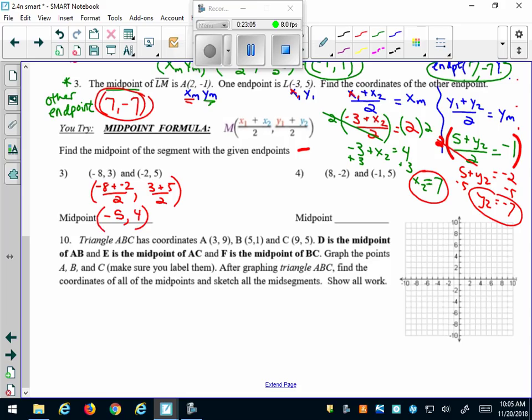Make sure you put your answer in parentheses to show that it's an ordered pair. And then this one is 8 plus negative 1 over 2, and negative 2 plus 5 over 2. Both of these come out odd numbers, so it should be 3.5, comma, 1.5 as your ordered pair.